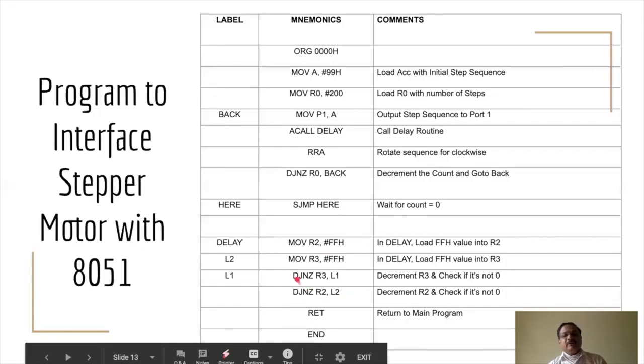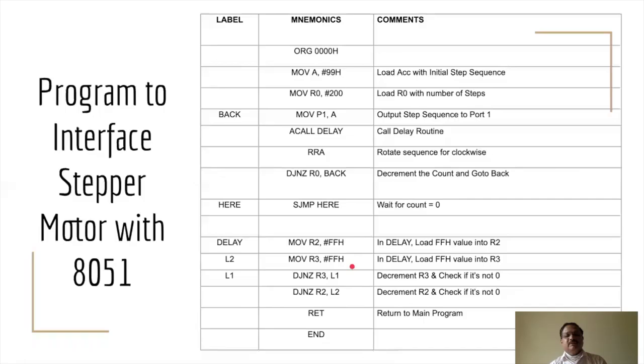We can calculate the exact time also by doing some calculations depending on how many machine cycles are required for each instruction. Here in this delay routine, the first two instructions require only one machine cycle. The DJNZ instruction requires 2 machine cycles, and this also requires 2 machine cycles.